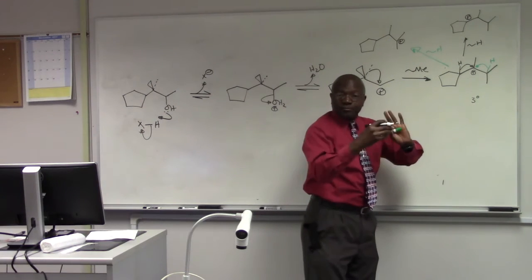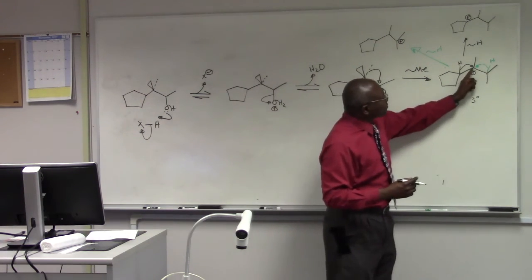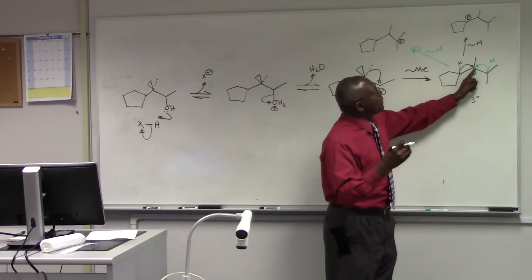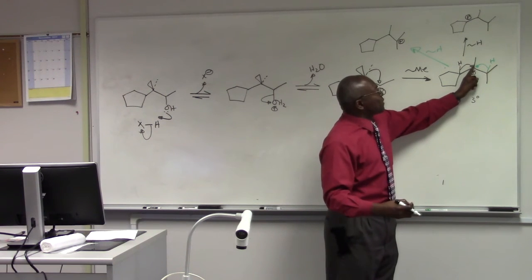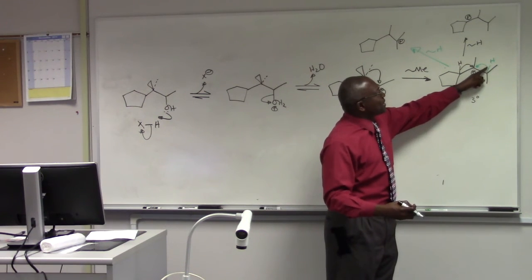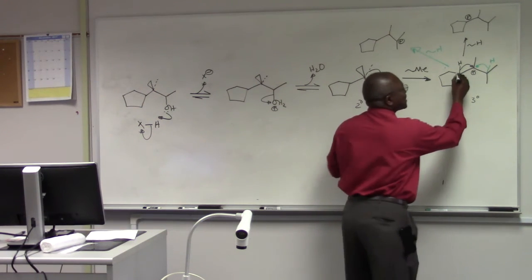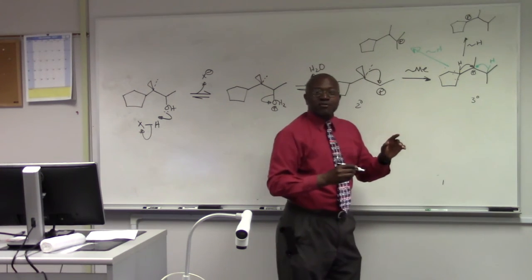And that will happen. But what is even more interesting is that this p orbital is sampling electron pairs on the adjacent carbon. So it's sampling the C-H, but in this carbon, in addition to C-H, there are also C-Cs, and they also have electrons.